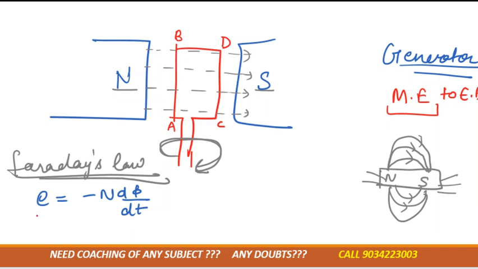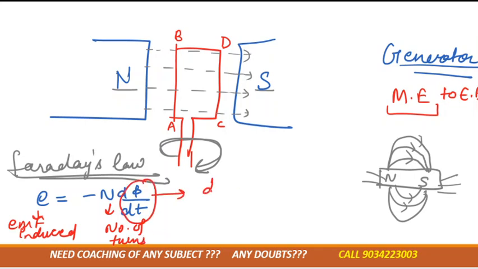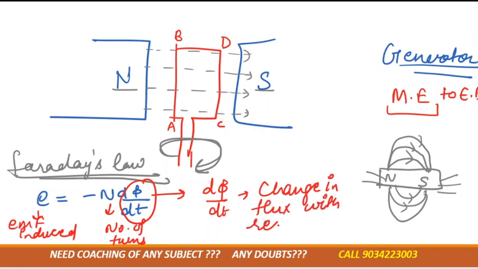What is E here? E is the EMF induced. N is the number of turns, and d phi by dt means the change in flux with respect to time.